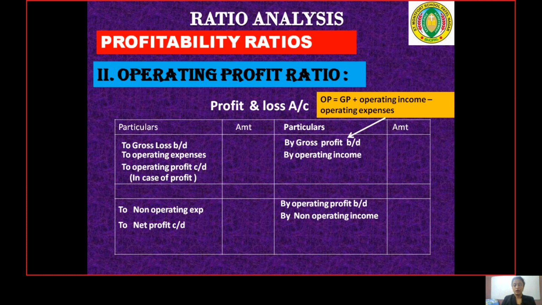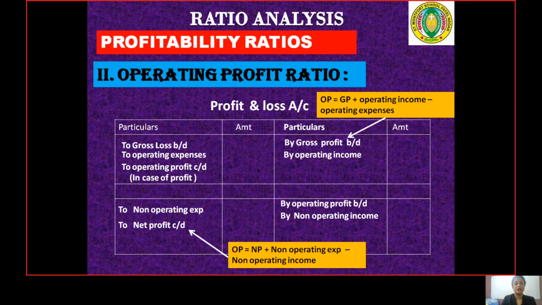Now next, suppose the question gives you the net profit. How do you calculate the operating profit out of it? It will be calculated like this: operating profit is equal to net profit plus non-operating expenses minus non-operating income. So children, why are the non-operating expenses added to net profit?